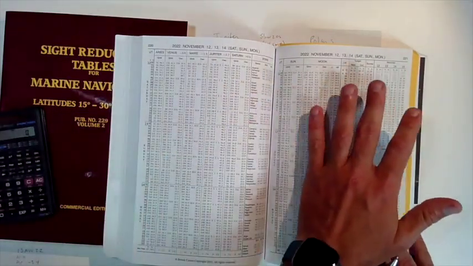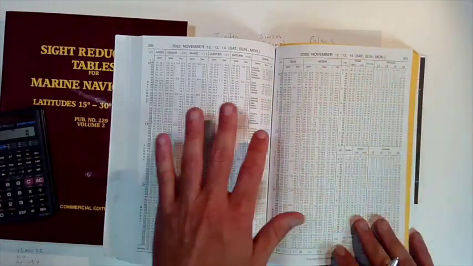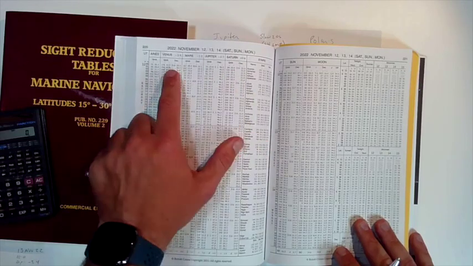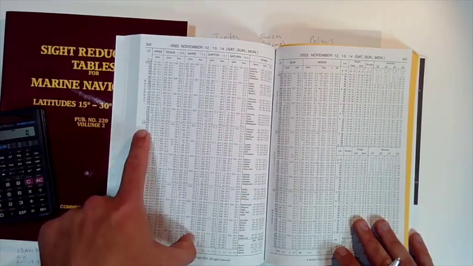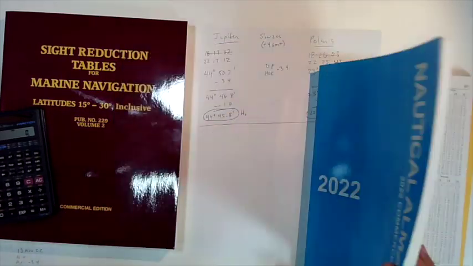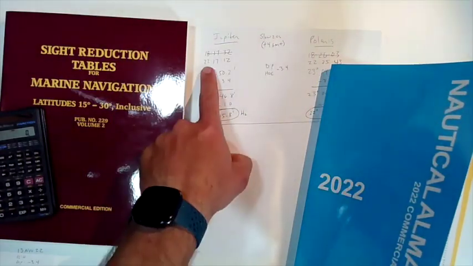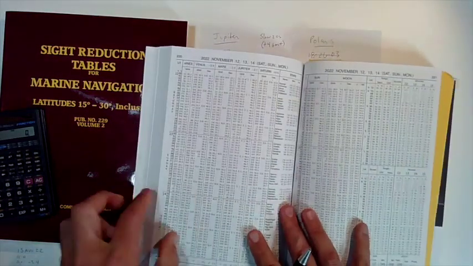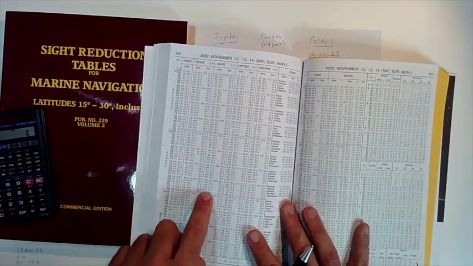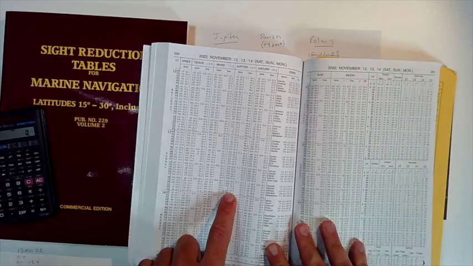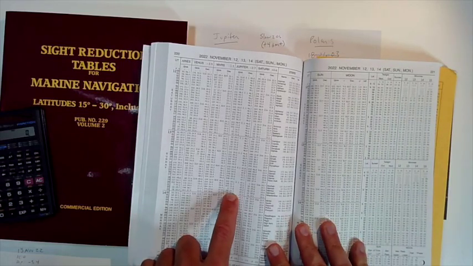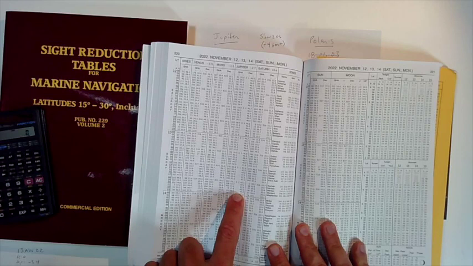On the right side is the sun and the moon and the twilights and stuff. On the left side is the stars and the planets. And so for the first one, Jupiter, I'm just going to go to 13 November for our date, and I'm going to look at a time of 2200 hours. So I see that Jupiter's GHA is 23 degrees 20.8 minutes, and its declination is given here as south 1 degree 47.2 minutes.